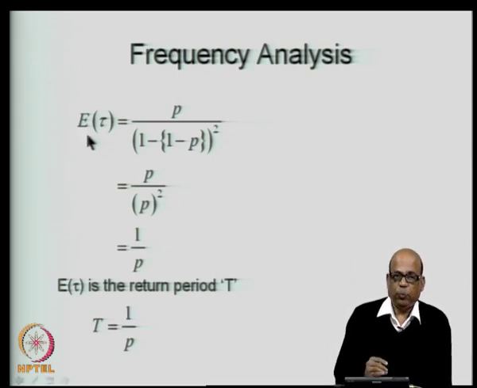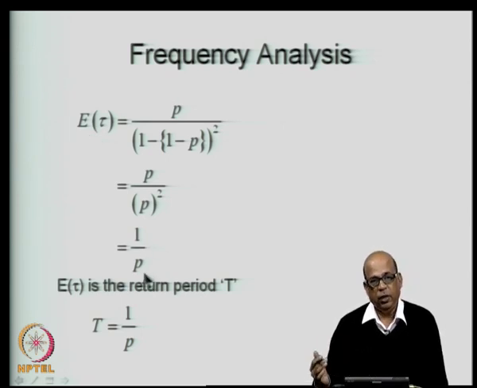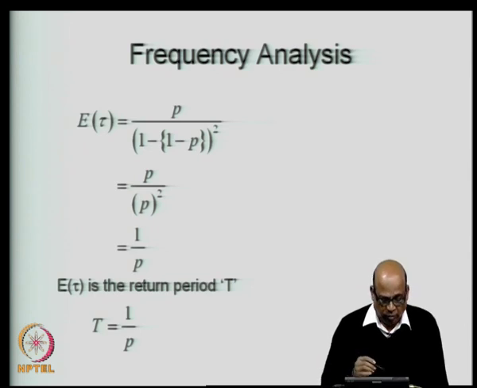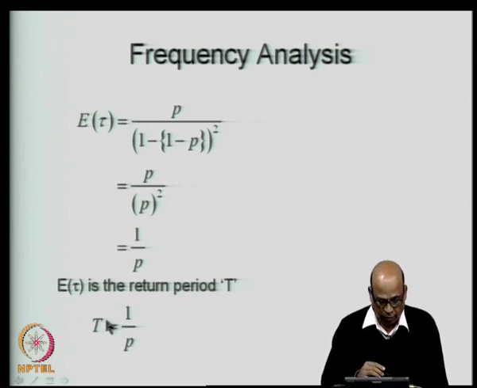So, the expected value of tau is 1 by p, where recall that p is the probability of x being greater than or equal to x t, or the probability of a success. Because the expected value of the recurrence interval tau is in fact the return period, we write T is equal to 1 by p.